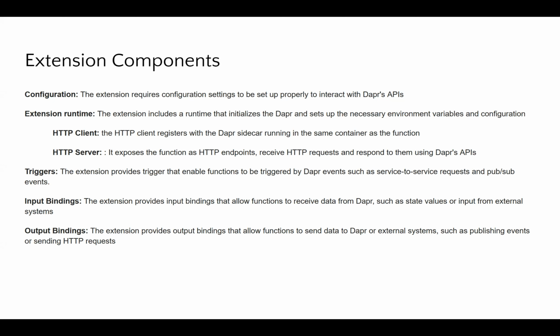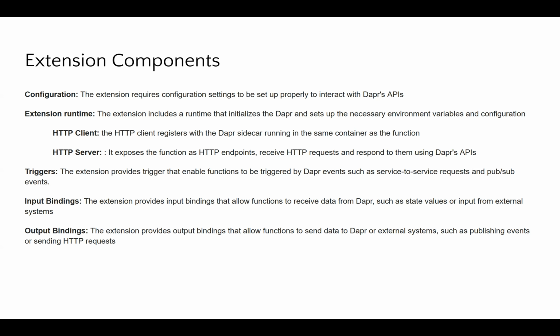That is where the function app will leverage the HTTP client to connect to Dapr and perform the operation. Then the triggers. As in the functions language, every interaction with external systems, either outgoing or incoming, is primarily handled in triggers or bindings. So here also the Dapr operations are grouped and standardized in terms of triggers and input and output bindings. The triggers are primarily where, as I said earlier, any operation from Dapr to the app has to happen. It can be a service invocation call, or subscribing to a message.